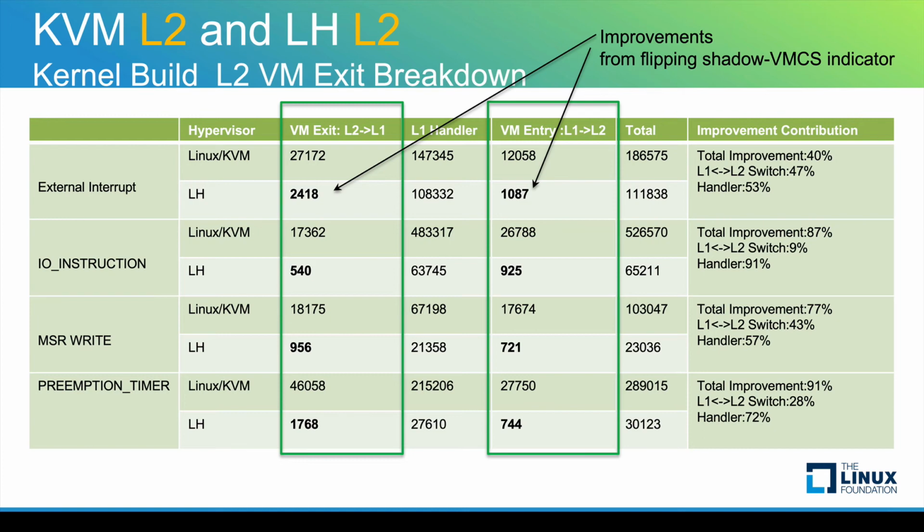improvements from flipping the shadow VMCS indicator, that one bit. Okay, so if you look at the VM exit cost, initially KVM had this much, but now it's less than 1/10. So you see a consistent result in terms of the VM exit latency reduction, about 10x or more.